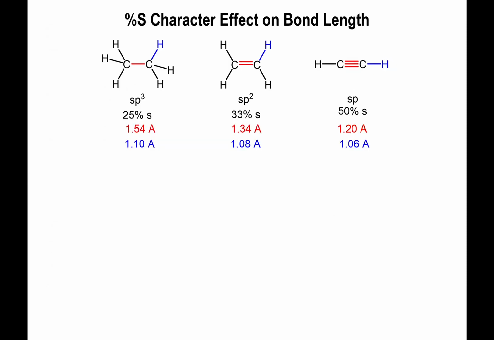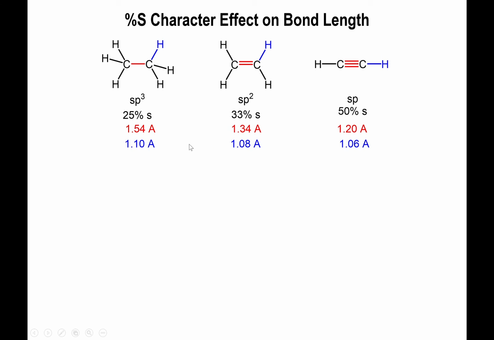All right, so here I want to show you really quickly how the bond lengths can be explained by the hybridization of the molecules. We have tetrahedral structures right here, ethane. We have a trigonal planar structure, ethylene. And then we have the linear structure, acetylene. And each one of them are determined to have sp3, sp2, and sp hybridizations respectively.